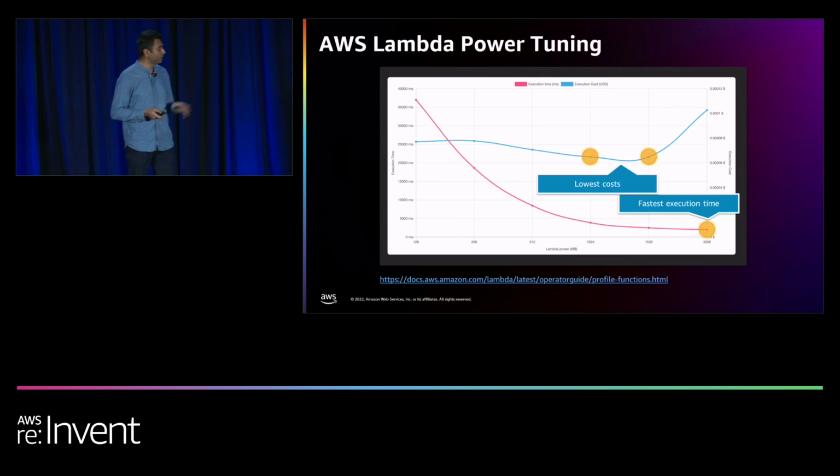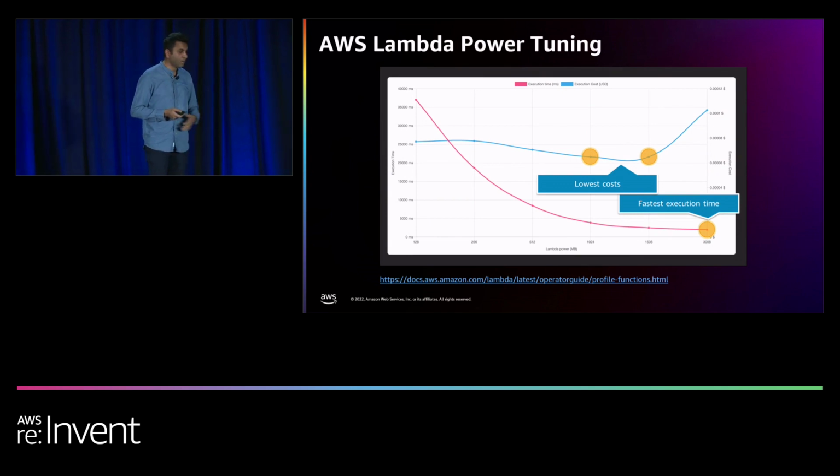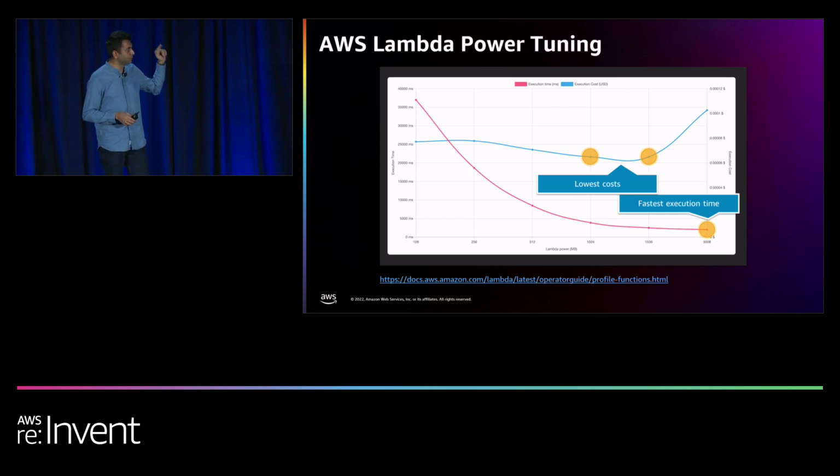And we can explain this through this graph of power tuning. So this is a tool that you can use today, and you see the red line in this graph is the execution time, and this gets reduced based on how much resources or memory you throw at your Lambda, and the blue line is your cost. So as you see, if you throw in more and more resources, of course your cost probably could go up at the very end, but if you see towards the beginning of the curve, when it starts declining, the cost is actually higher.